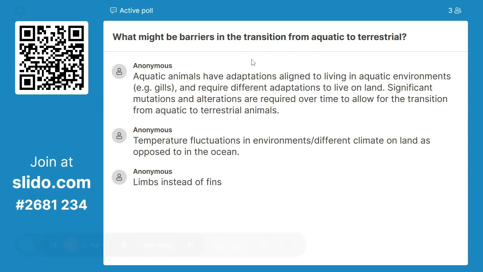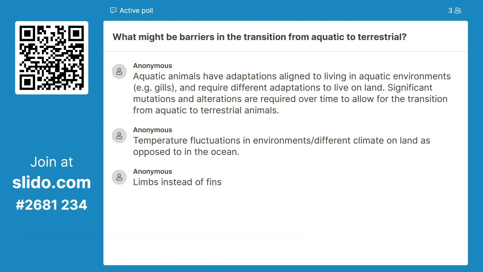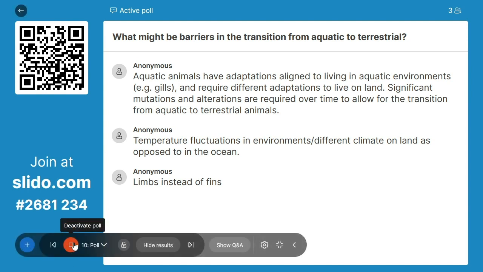So a really important adaptation that we have is the amniotic egg. And that's going to mean that we can produce young on land as opposed to in the water. So great answers there.